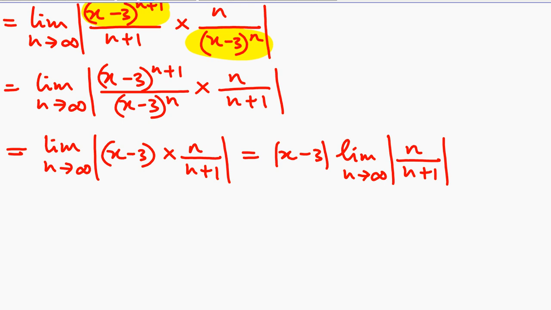All right. At this stage here, you can use L'Hopital's rule. If you find the limit of n over n plus 1 using L'Hopital's rule, that will be equal to 1.